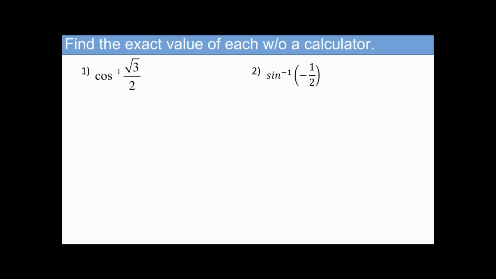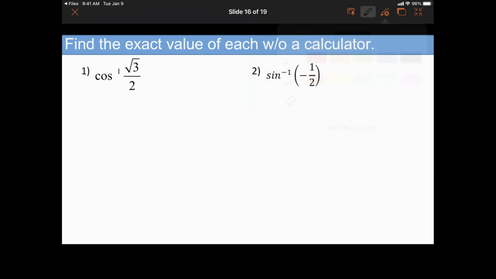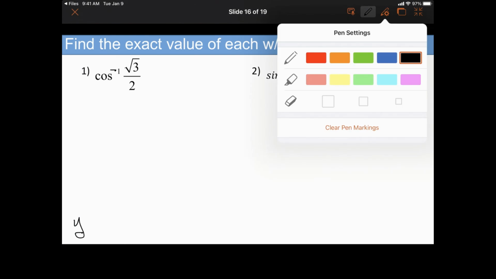All right, so let's actually do some problems. Now, when you're looking at the directions, these are different than solving equations. There's no x, right? You don't see a theta. So this is only going to have one answer. So this is not the same as this.